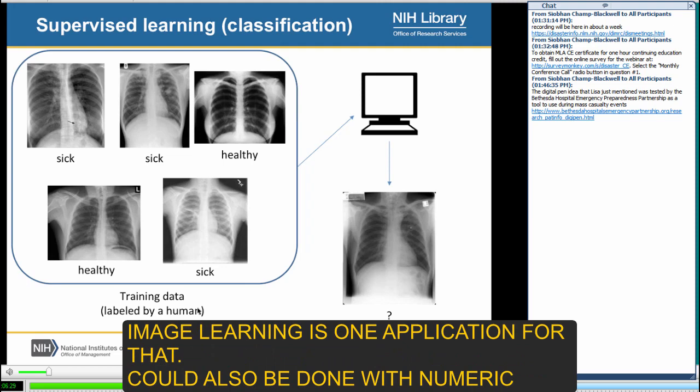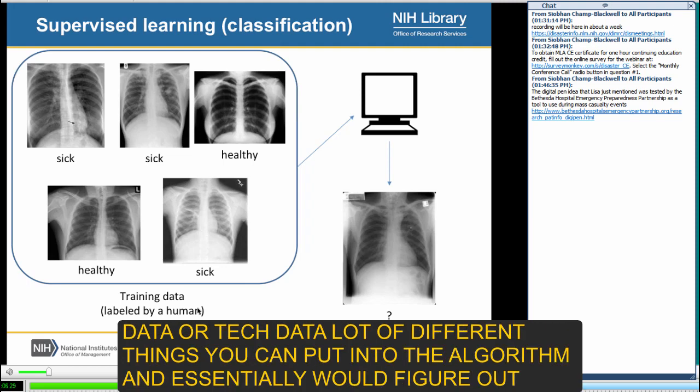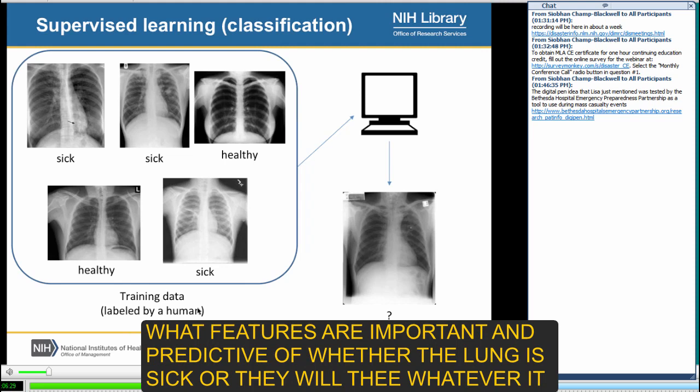So image learning is one application for this. This could also be done with numeric data or text data. So there's a lot of different things you could put into the algorithm, and essentially it would figure out what features are important and predictive of whether the lung is sick or healthy or whatever it might be.